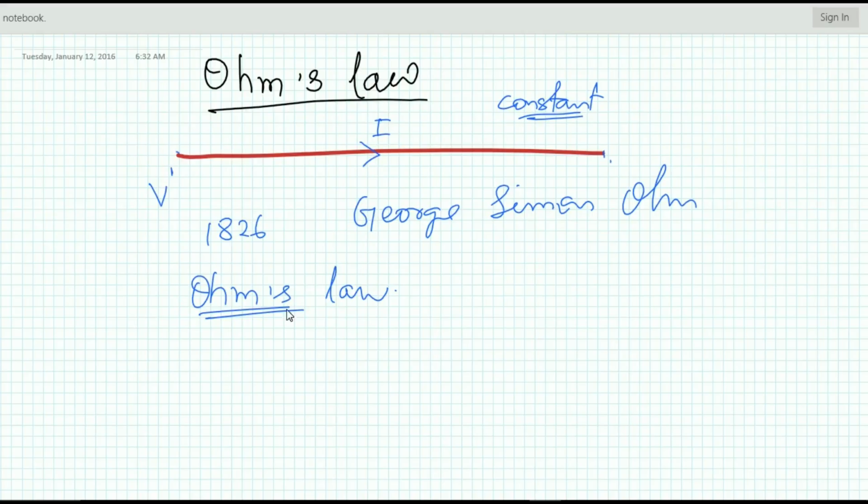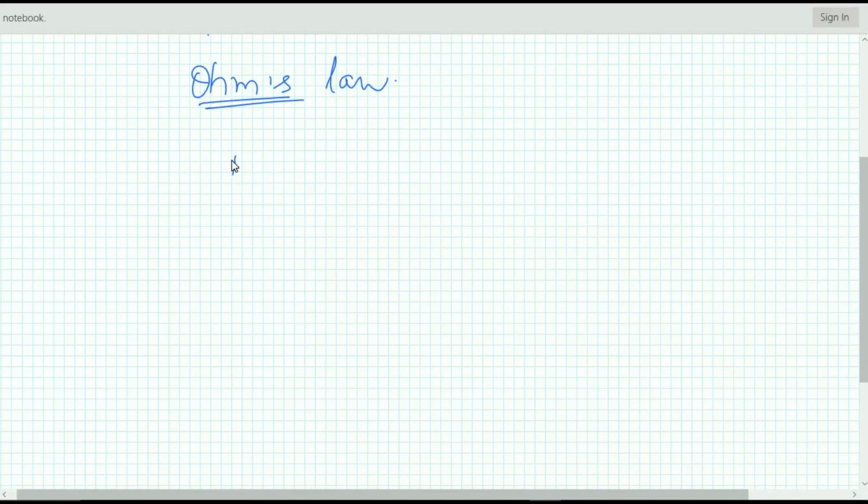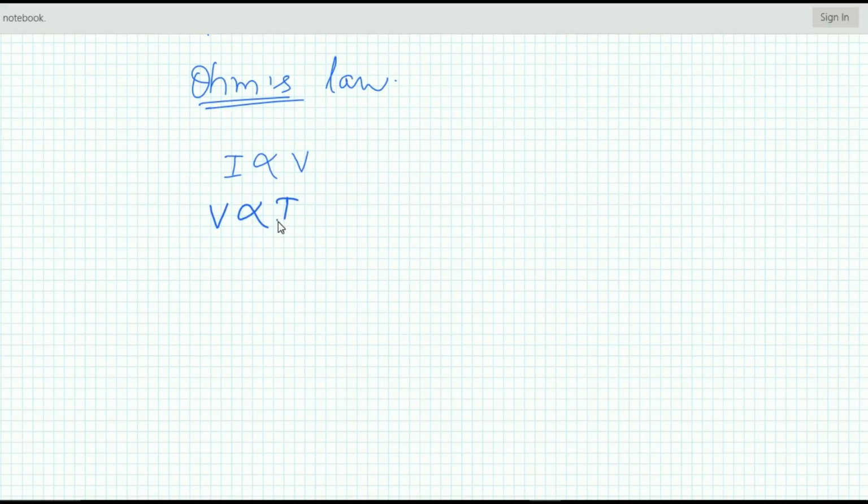Suppose the current flowing through the conductor is I and the potential difference is V. Then according to Ohm's law, I is proportional to V. That means we can also write V proportional to I, or V by I is always constant.